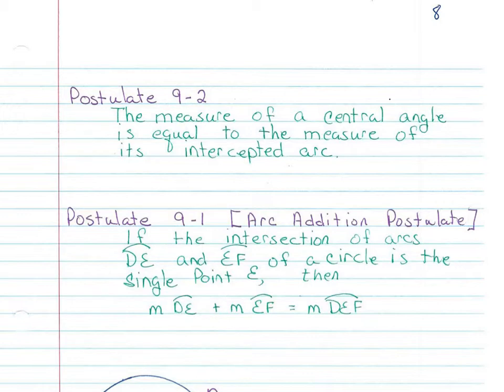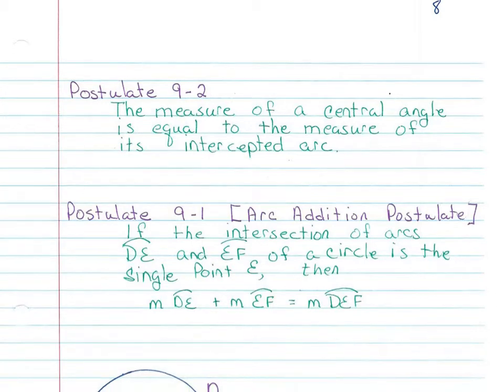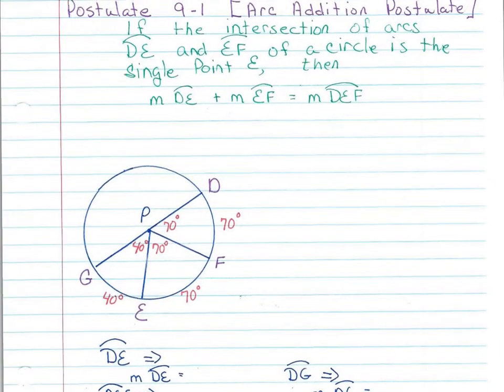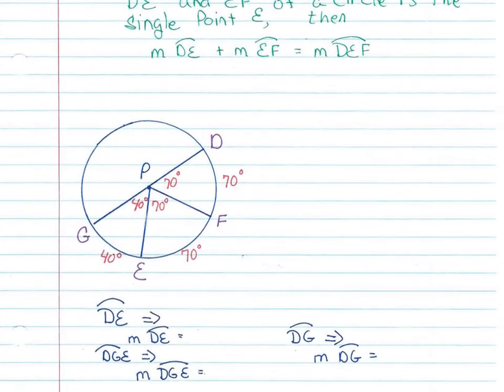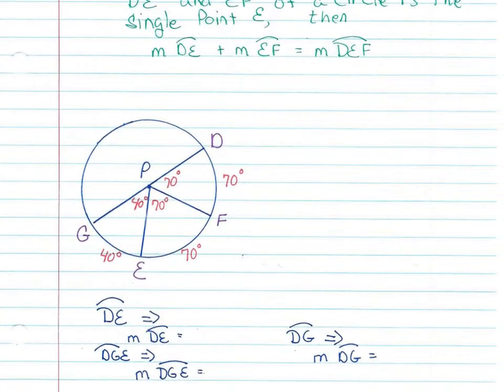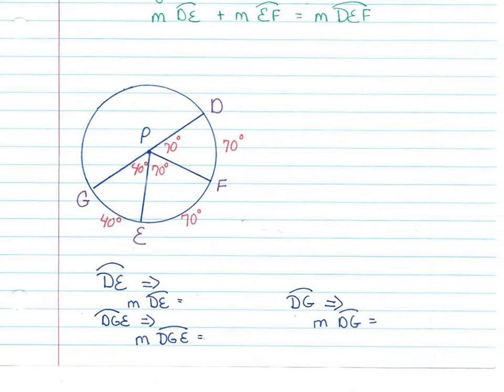Okay, so let's look at the circle I have drawn here. What is the measure of arc DE? 140. How did you get 140? 70 plus 70. Okay, here the measure of arc DE is 140 degrees.